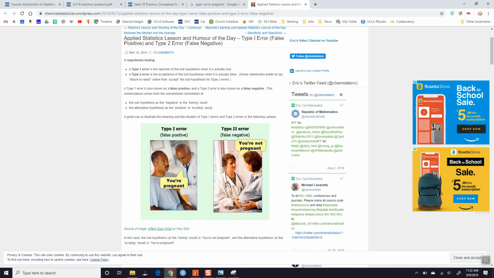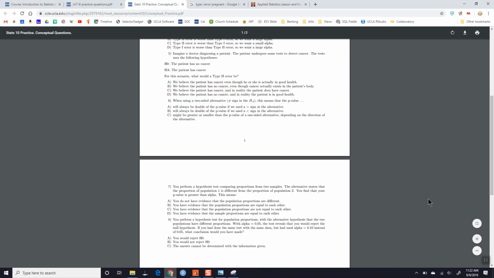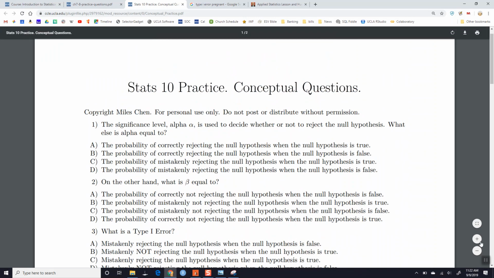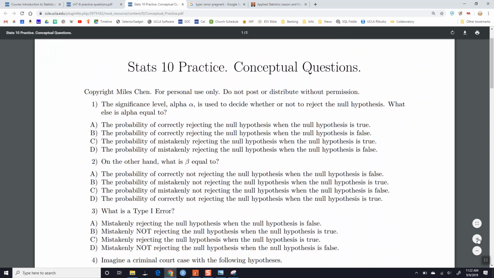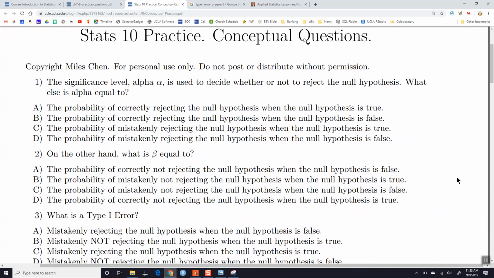Let's go ahead and take a look at some of these practice questions. Can you guys see this?